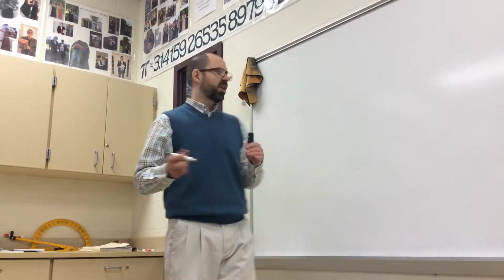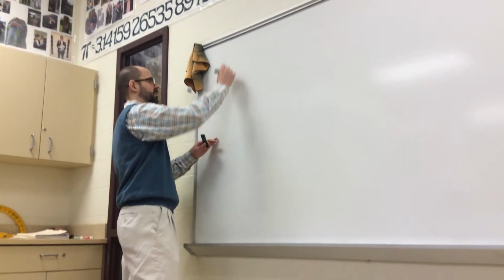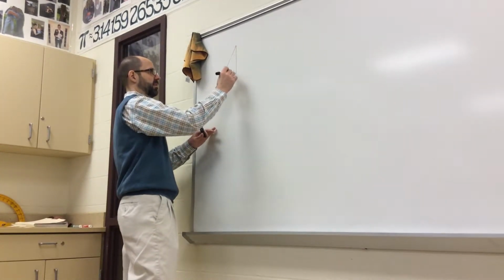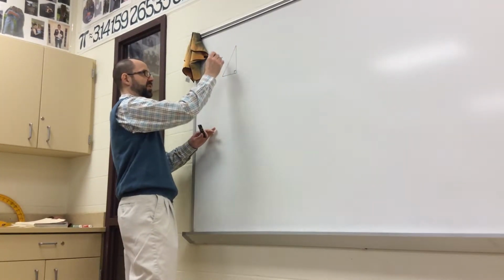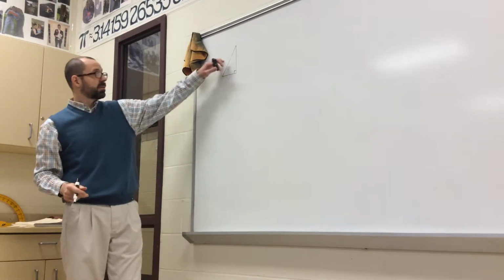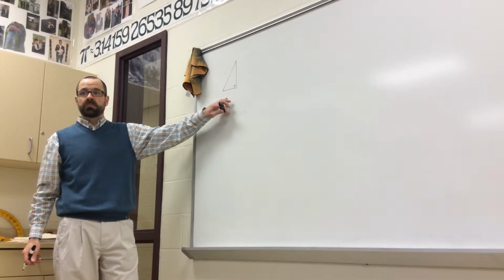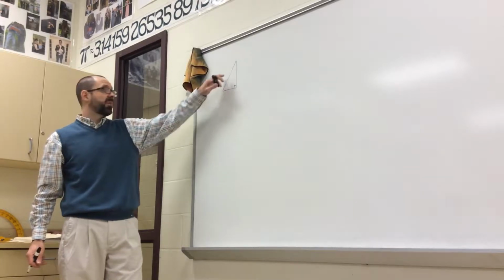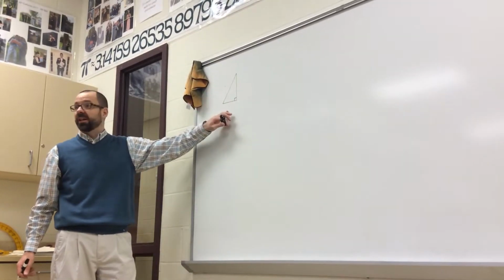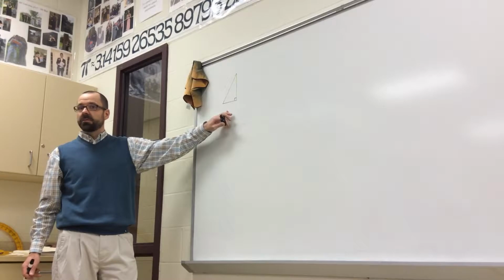So for example, on the 30, 60, 90, you don't have to write anything down yet. What was this fraction? How did the hypotenuse compare to the short leg? Yeah.